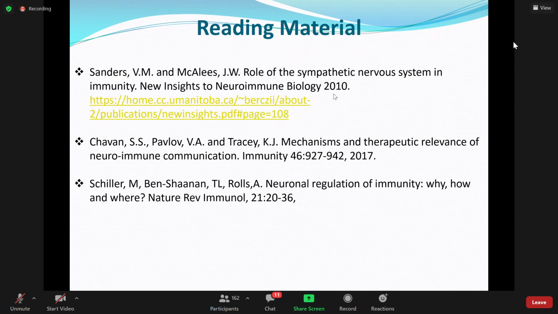Whether this happens in the brain, it's not understood. The actual functioning of these lymphatic channels that were discovered in the brain, we still don't understand all the details regarding this.